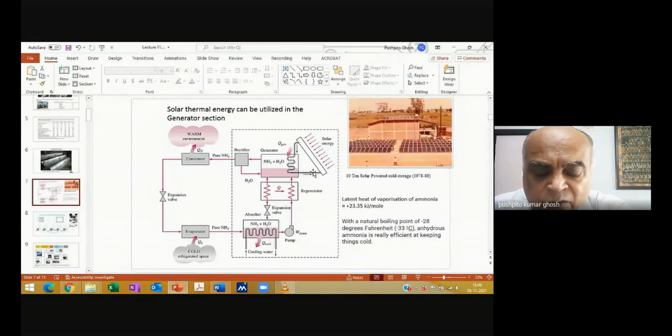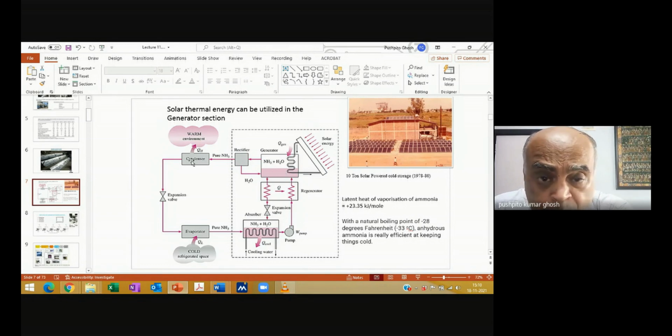Likewise over here, because this whole system is under pressure because of this thermal energy, even the water is pressurized. So I have another expansion valve because now the water is quite hot.